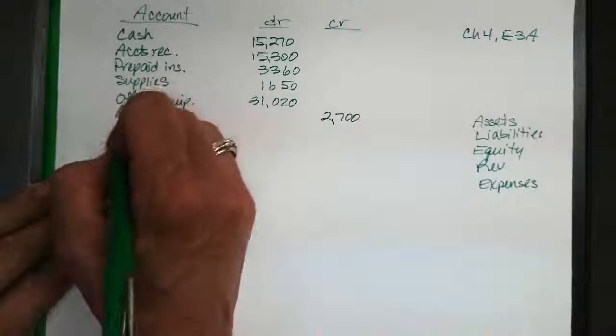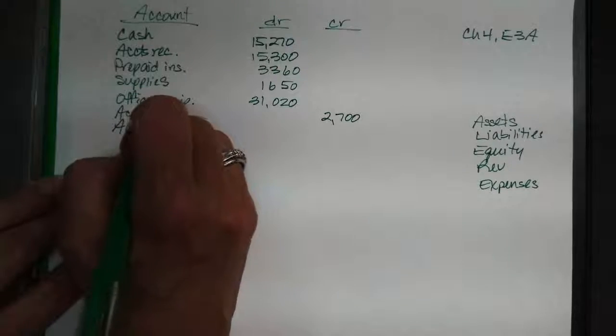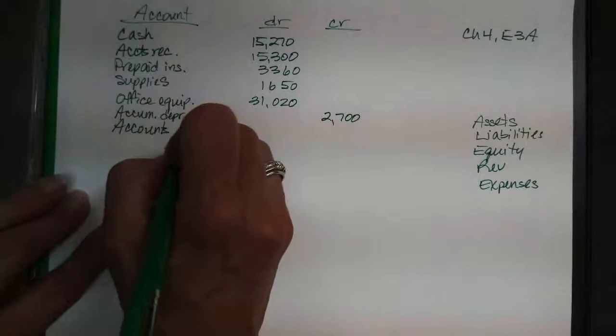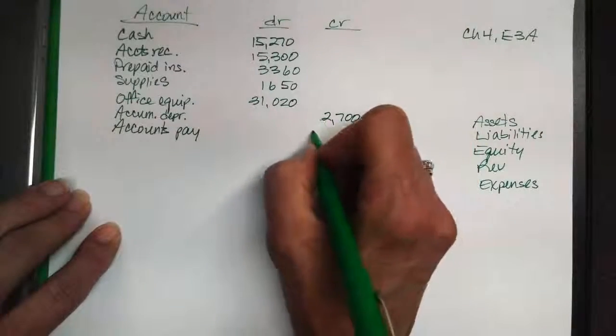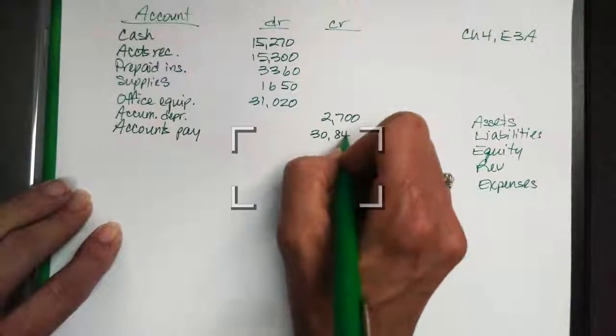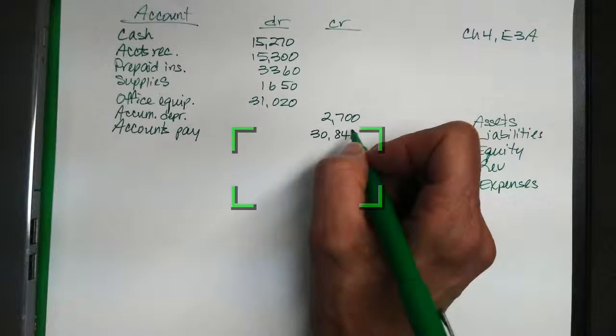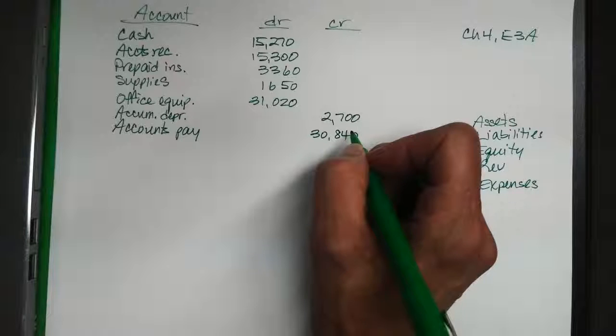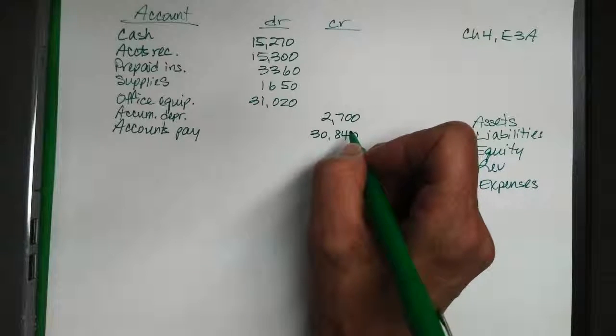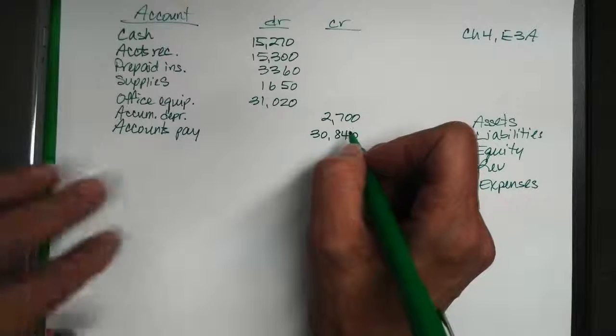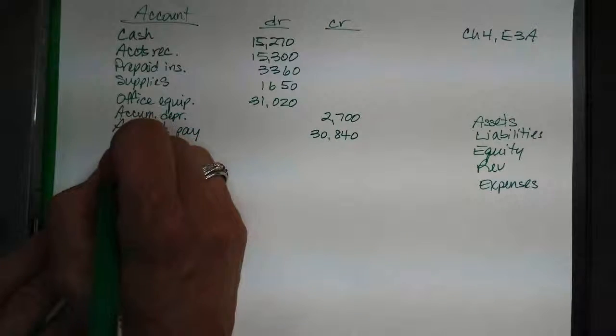Okay, so moving to liabilities, I see accounts payable. That is all I see for liabilities. So I need to move to equity. I see IBEL capital and IBEL withdrawals.